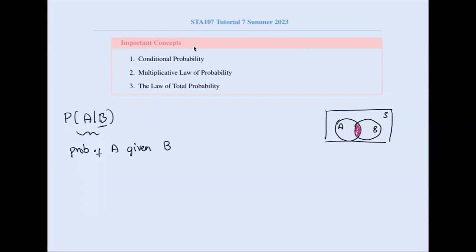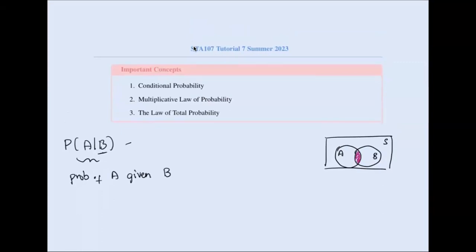So the probability that A happens given B is this part divided by the whole circle. That's why we have the formula: probability of A given B equals probability of the shaded area, which is A intersect with B, divided by probability of B.